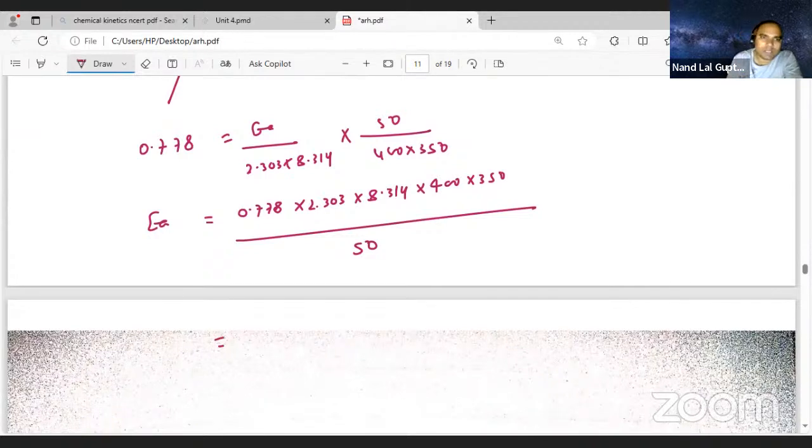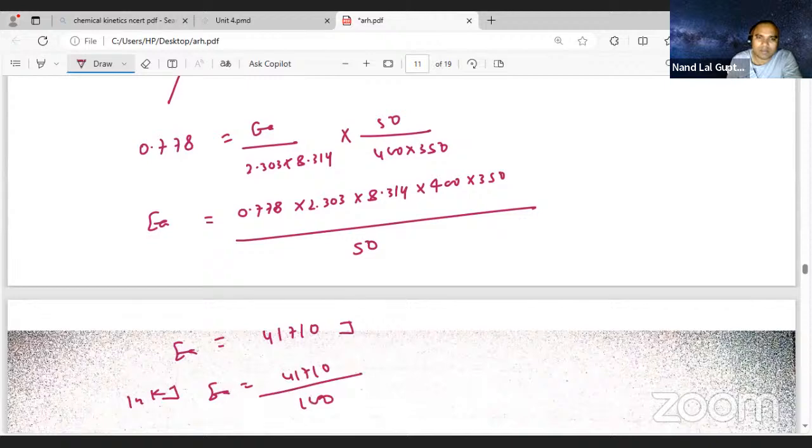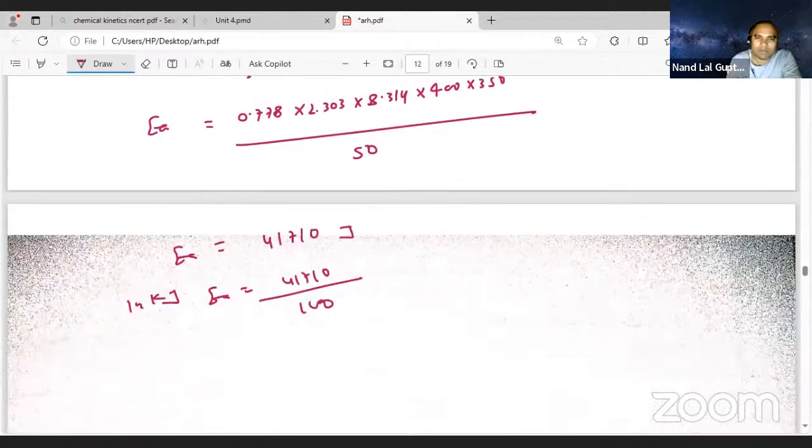So how much is coming, student? This is 41710. This is the activation energy. If you are going to kilojoule, student, we have to divide by 1000. So if you divide by 1000, students, what will come? 41.7 kilojoule per mole, student.